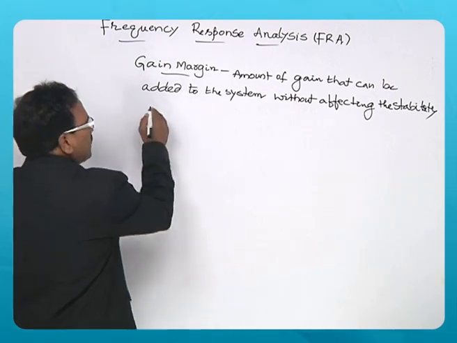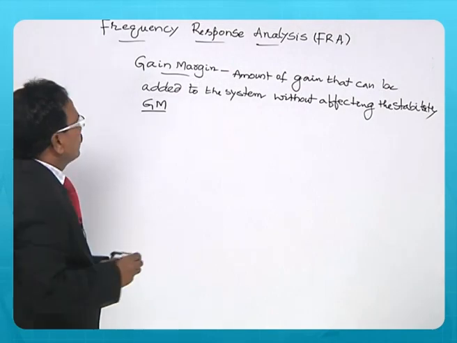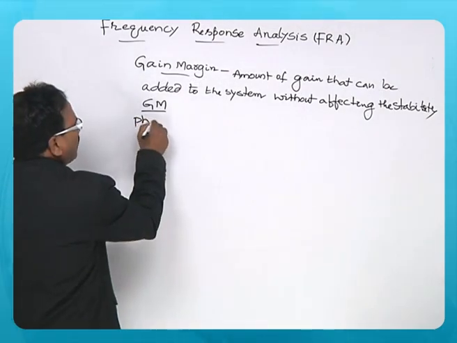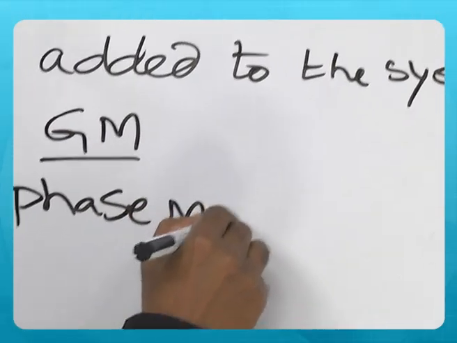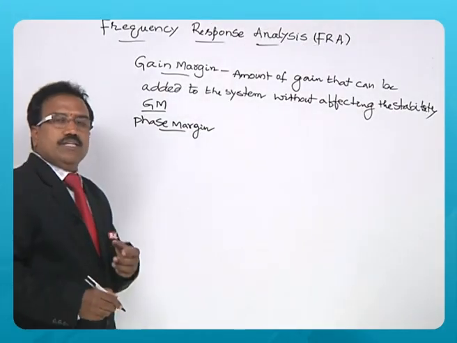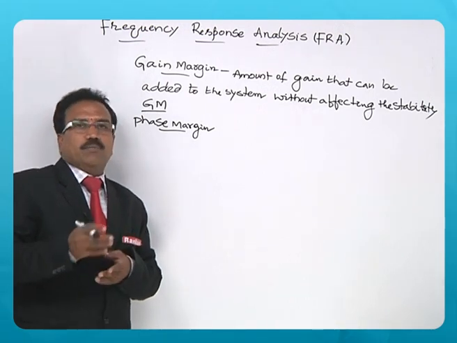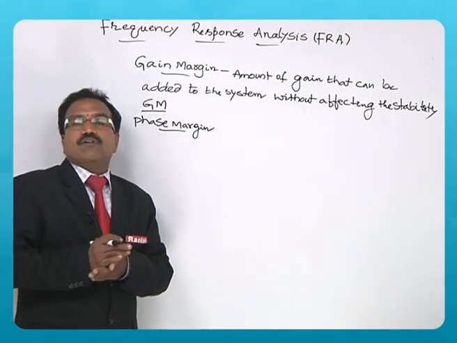It is represented by GM, gain margin, and next is phase margin. As we have seen, in frequency response analysis our focus is on magnitude as well as phase angle.